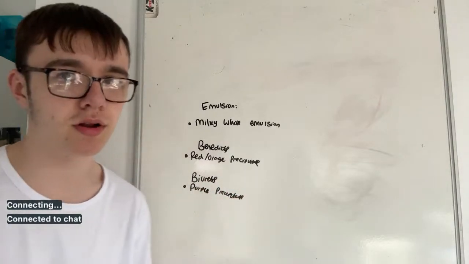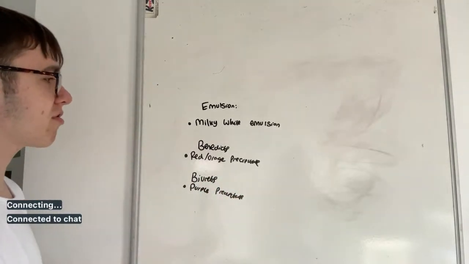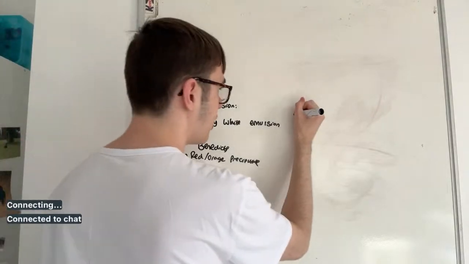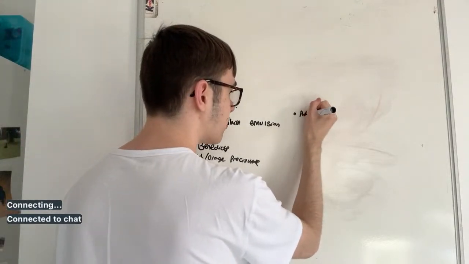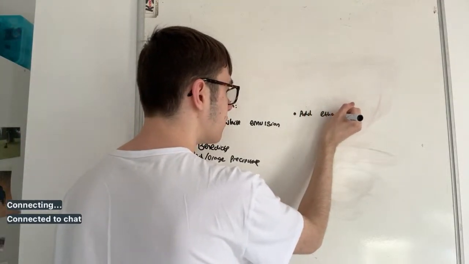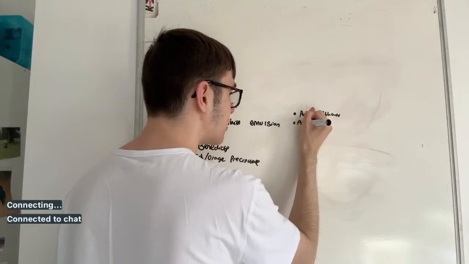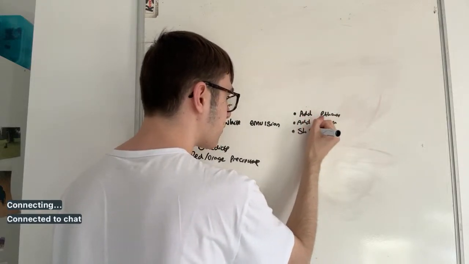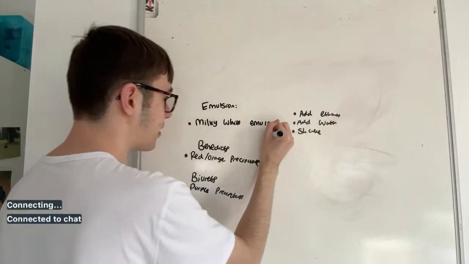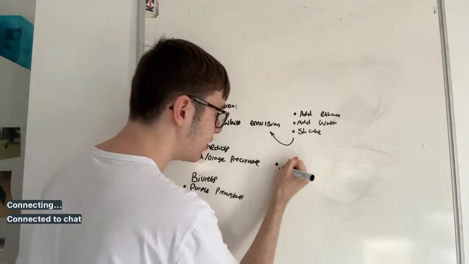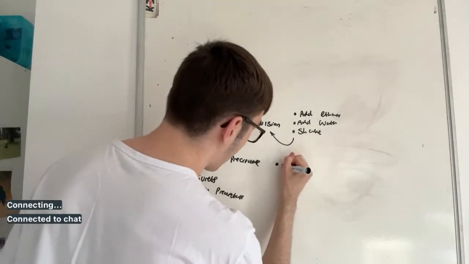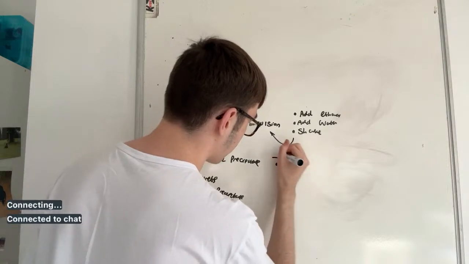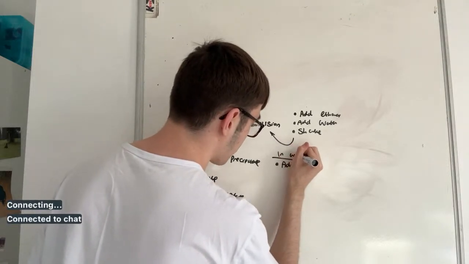This is common knowledge, and just very quickly, the steps for the emulsion test are you add ethanol, add water, shake, and then you have to talk about the positive results. For Benedict's, you add Benedict's in a water bath.